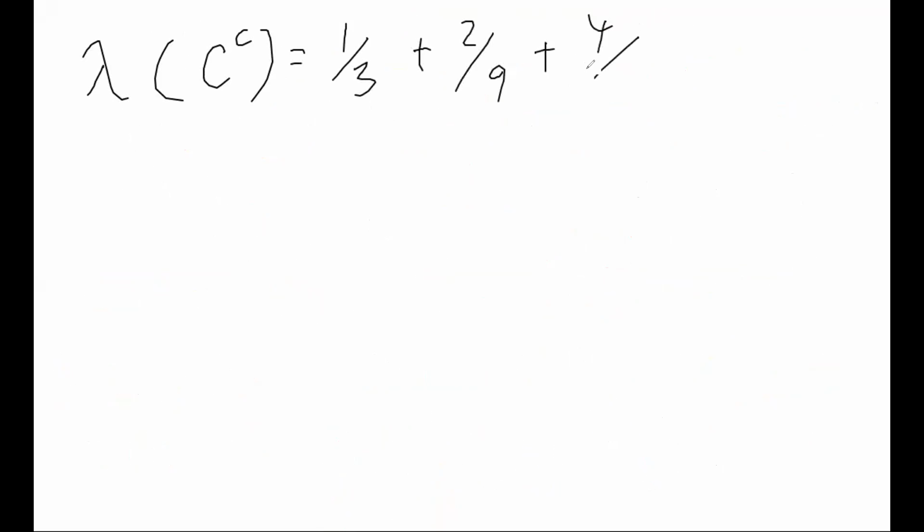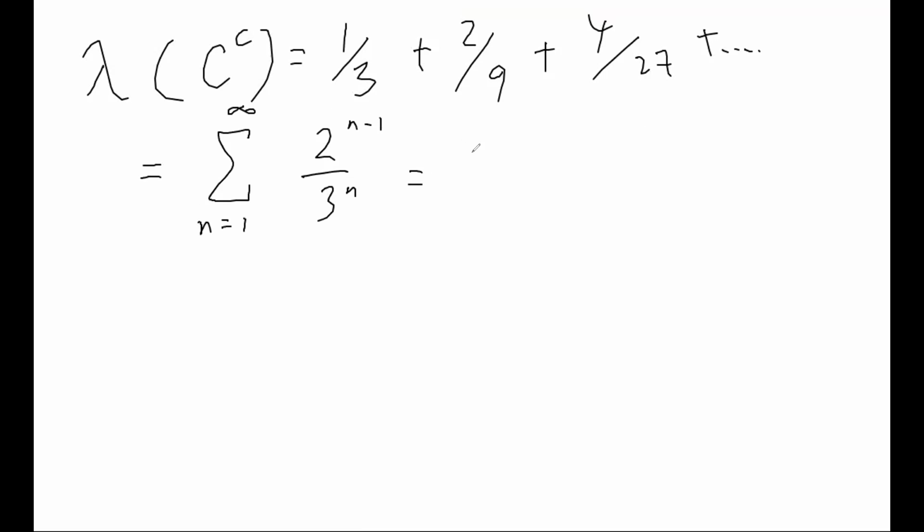So you have the Lebesgue measure of the complement of the Cantor set equal to 1/3 plus 2/9 plus 4/27 plus so on, which is equal to the sum of (2/3) to the power n. This allows you to write this as 1/2 times the sum of (2/3)^n.